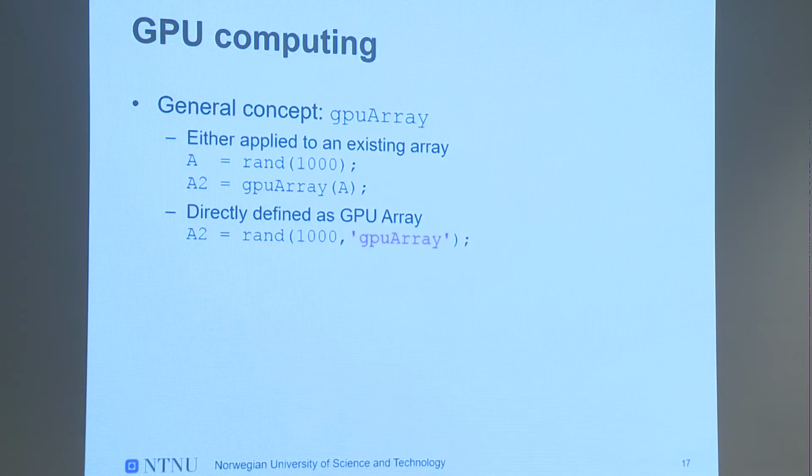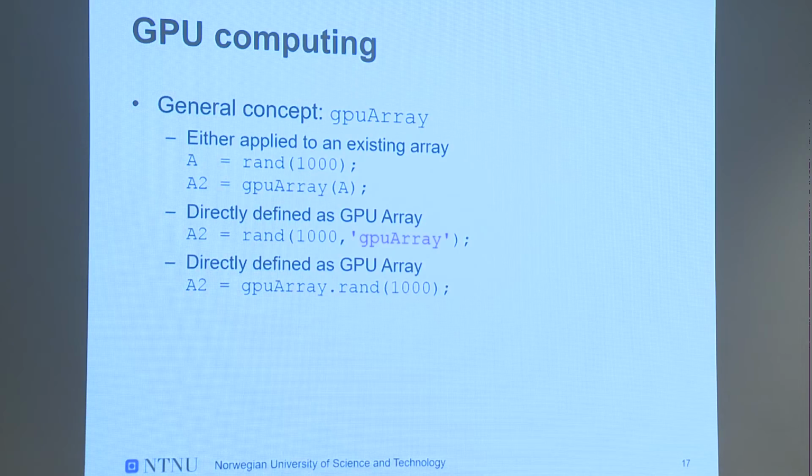And if you don't like that either, you can write it as a structure call, gpuArray.rand. All this gpuArray is doing is transferring from the main memory or creating in the GPU memory. In the first case, it transfers it, but it's still kept in the main memory as well. In the other case, it just creates it on the GPU.